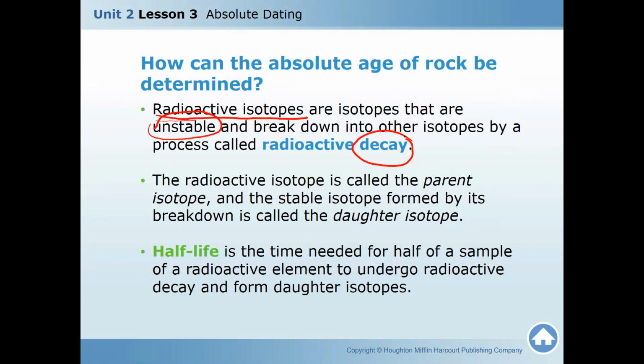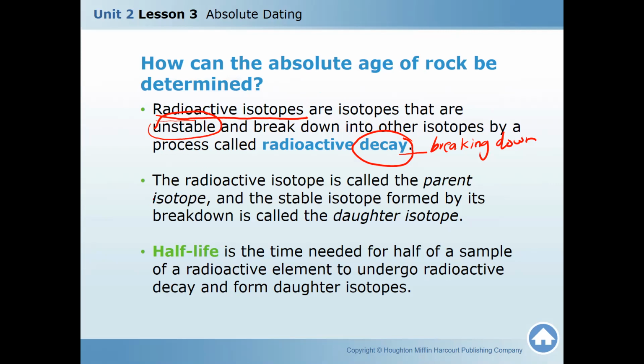Guys, you know that the meaning of decay is breaking down, right? Like I say that decomposers, they decay. Similarly, some isotopes are unstable and they break down into other isotopes by a process called radioactive decay. That process helps to break down an isotope into further smaller isotopes.